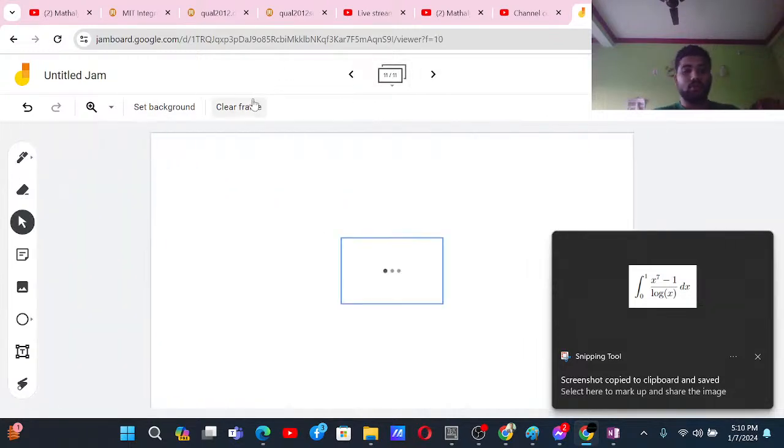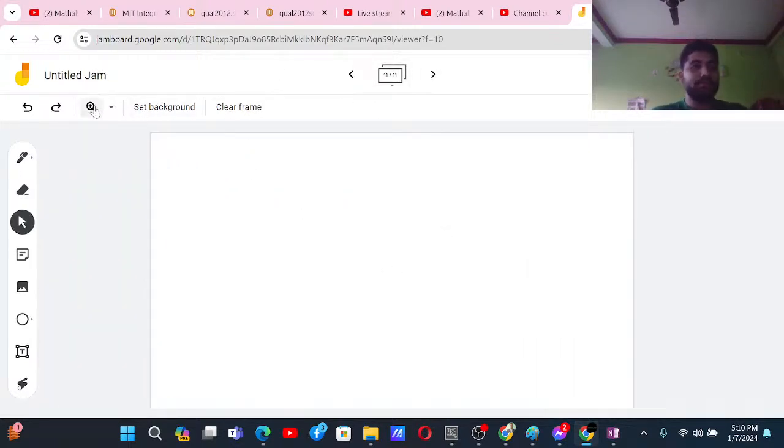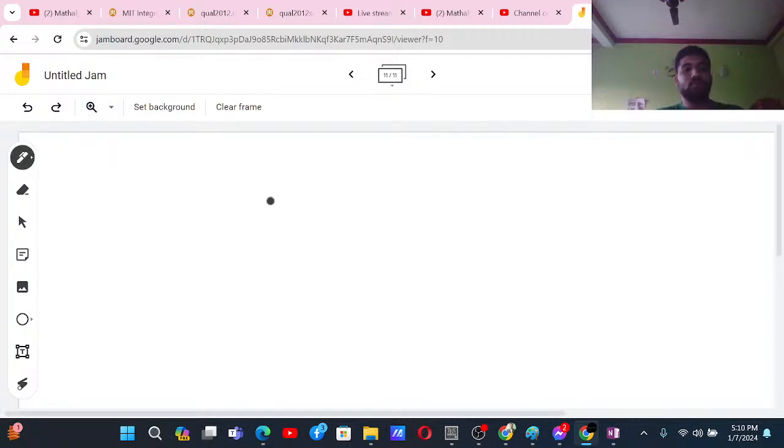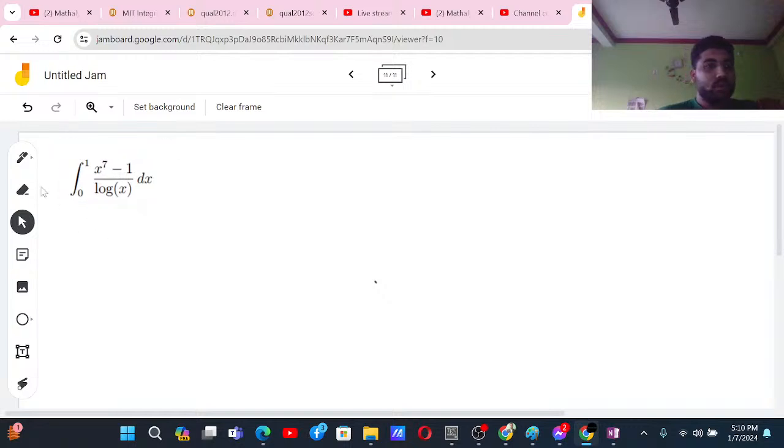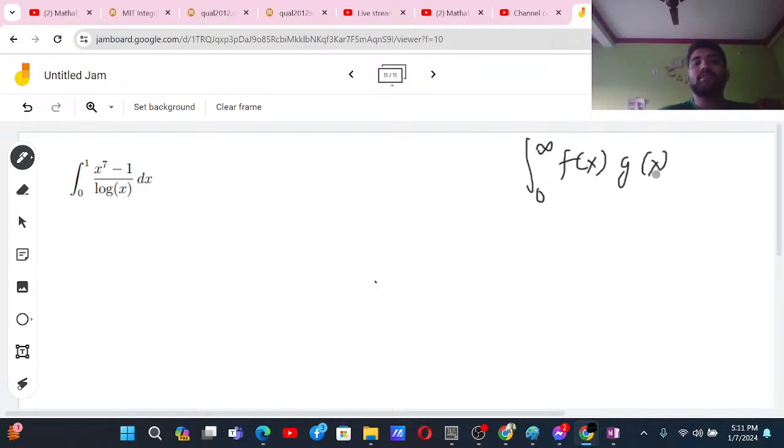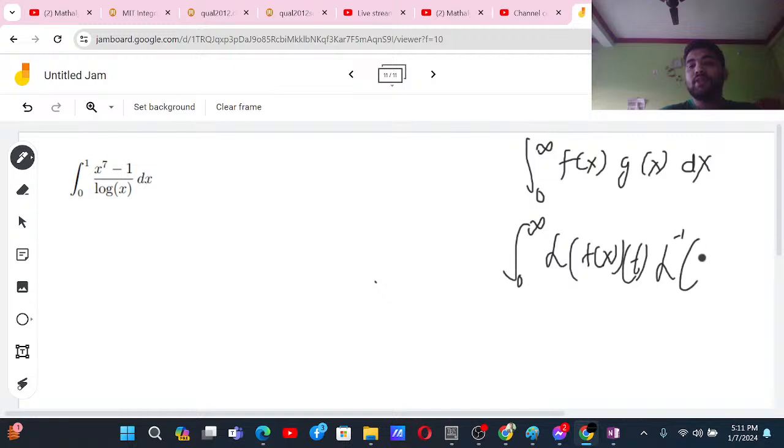Okay. Now for this problem, you will also need Ramanujan's master identity. This identity states that the integral from 0 to infinity of f of x g of x dx equals the integral from 0 to infinity of the Laplace transform of f of x in the world of t, times the Laplace inverse transform of g of x in the world of t, dt.